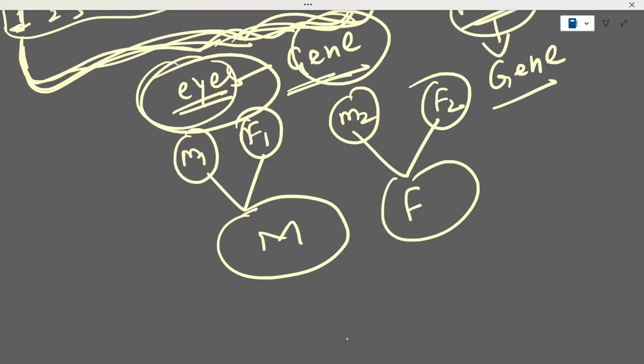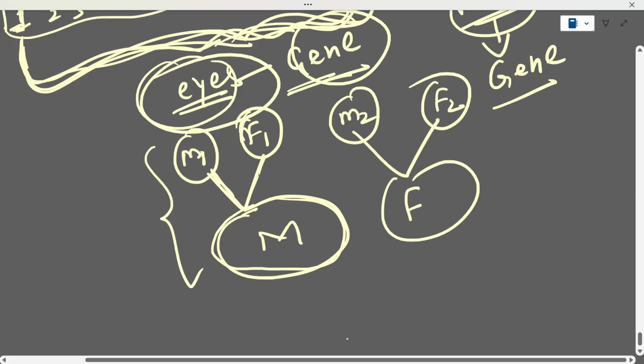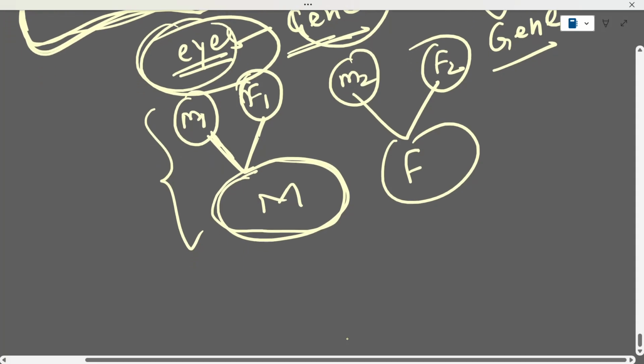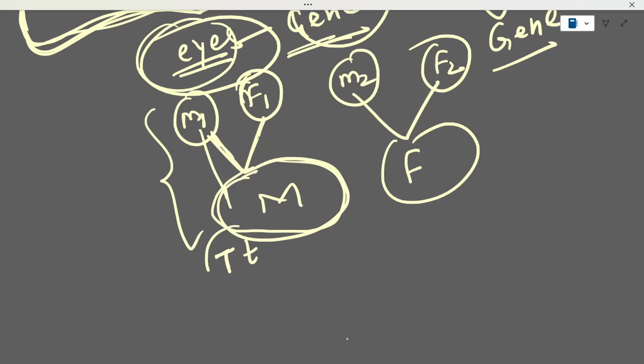So every individual, he or she, so your mother, she carries two copies of every trait or two copies of every gene which are inherited from her parents. So for teeth, one copy which she has inherited is from her mother, and the second which she has inherited is from her father.